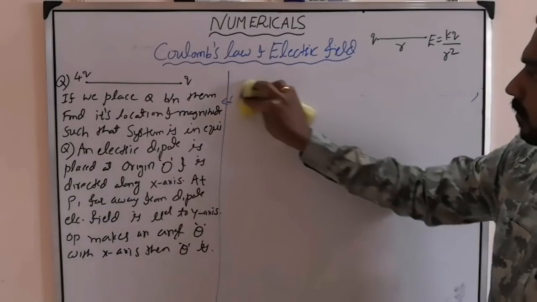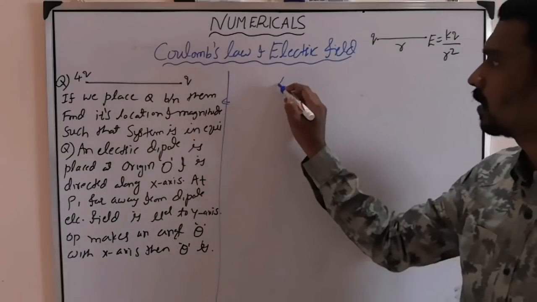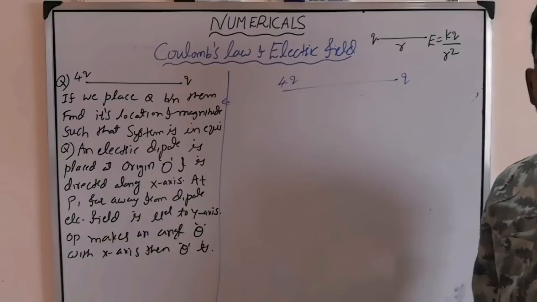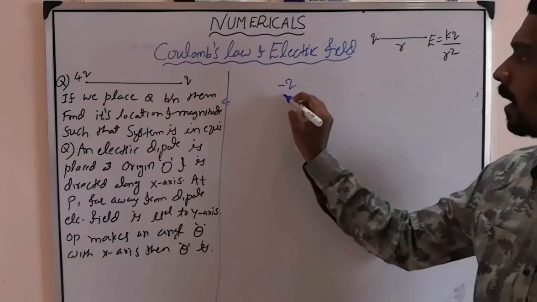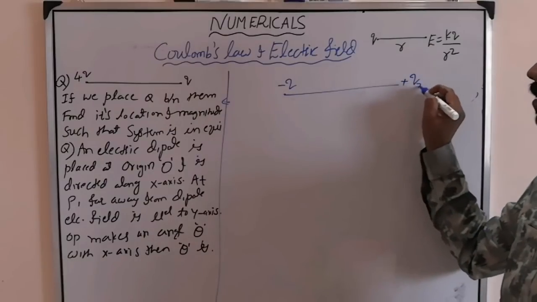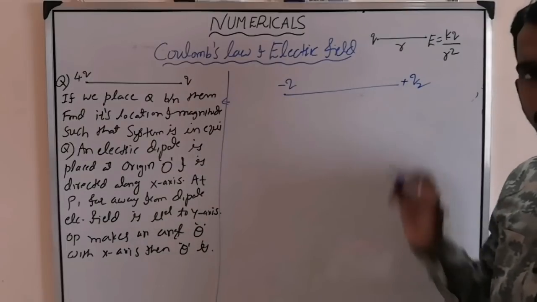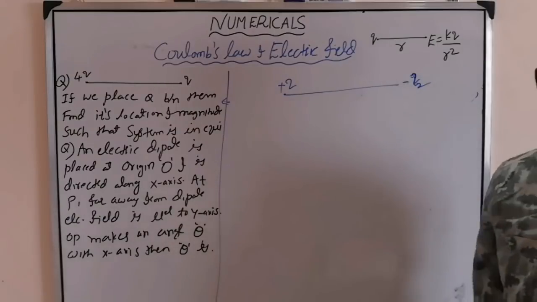Now here you take this question, 4Q and Q. But one more thing just before that. As I said, minus Q1, plus Q2. So one negative, one positive, or one positive, one negative, anything you take.